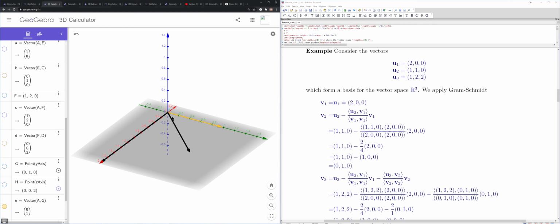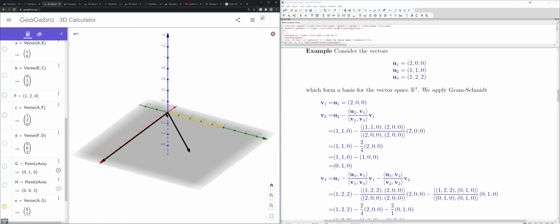Having it over there is a little confusing, so in order to view it properly, I just move it so that it starts at the origin.